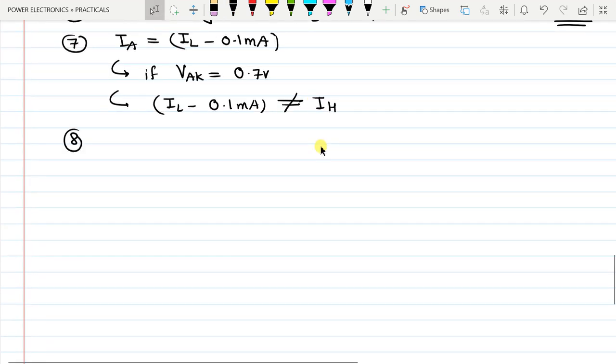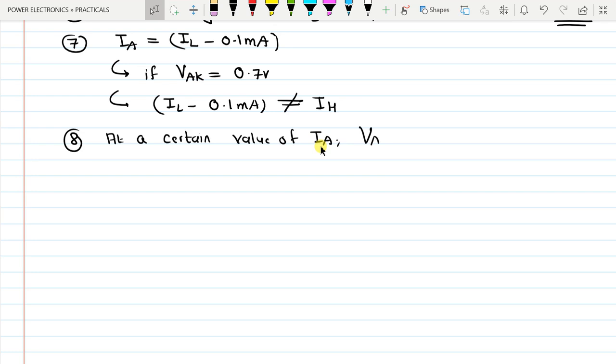Eighth is that at a certain value of IA, the value of VAK becomes equal to Vin. That means SCR becomes blocked.